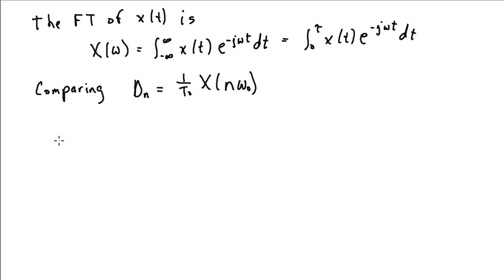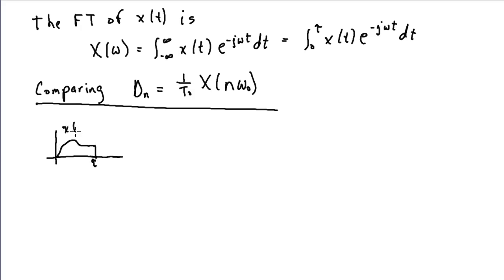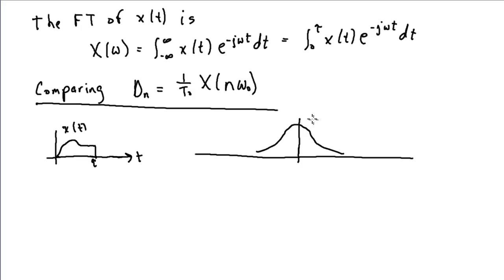A slightly different interpretation of this result is, again, if we have our x of t, okay, so talking about x of t here, not its periodic extension, and then with a corresponding Fourier transform, it may look something like this. This is X of omega.